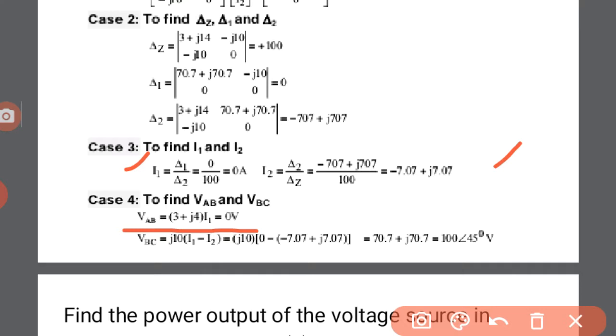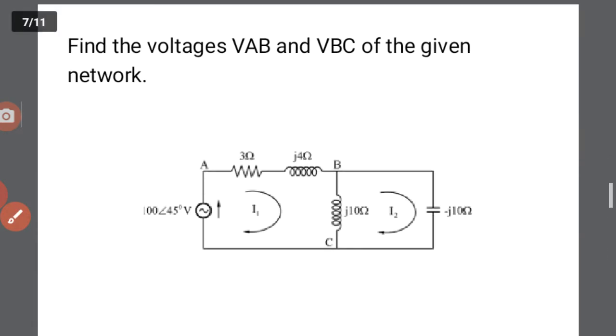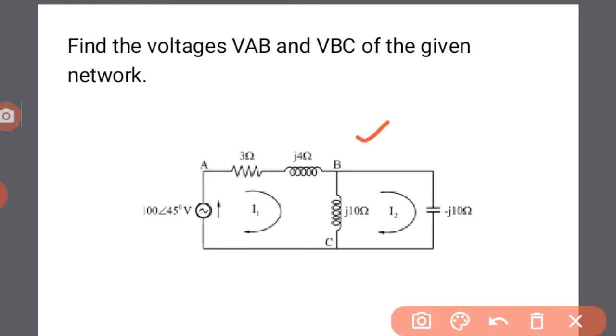Then VBC is equal to J10 into (I1 minus I2). Finally, we find the values of VAB and VBC: VAB is equal to 0, and VBC is equal to 100 angle 45 degrees volts.